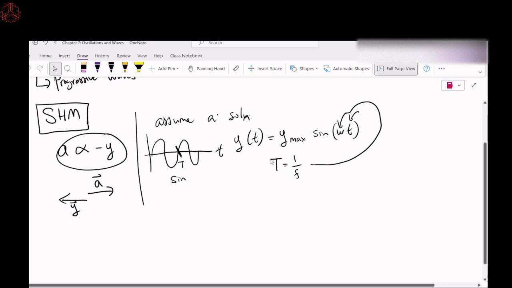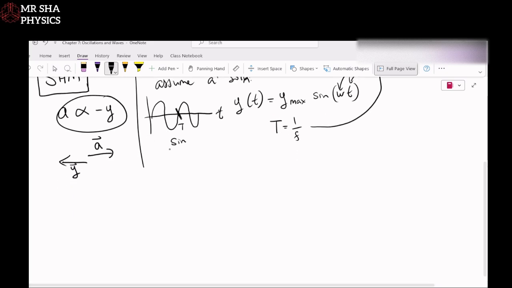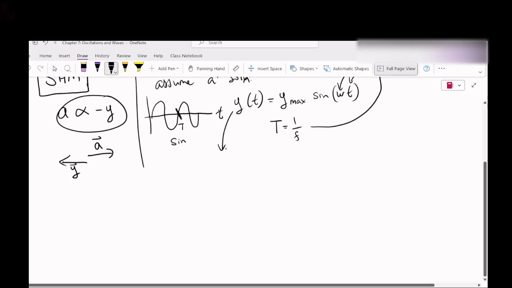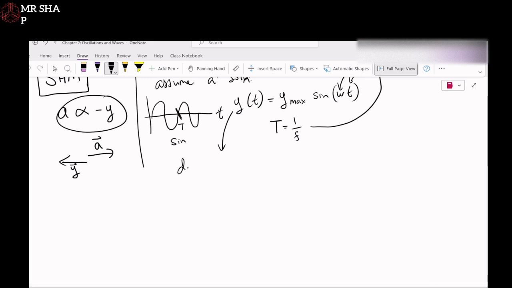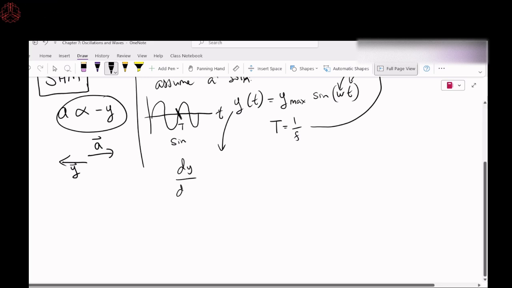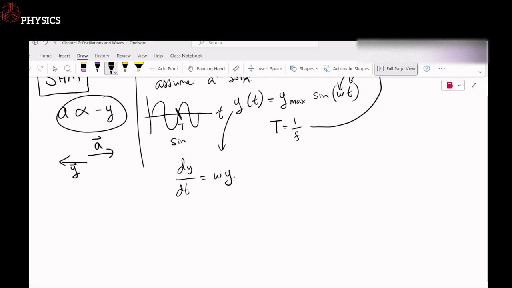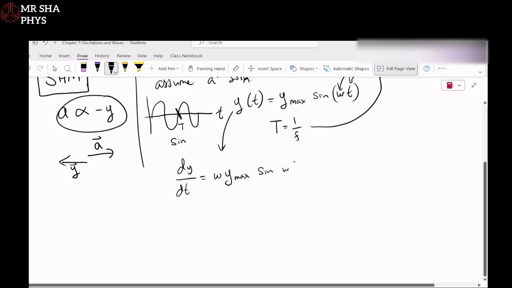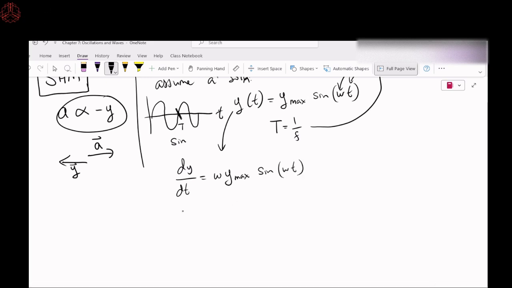So if I were to have simple harmonic motion based on this solution, I can take its first derivative, dy/dt, and I'll have omega y max cosine omega t. This is the first derivative.